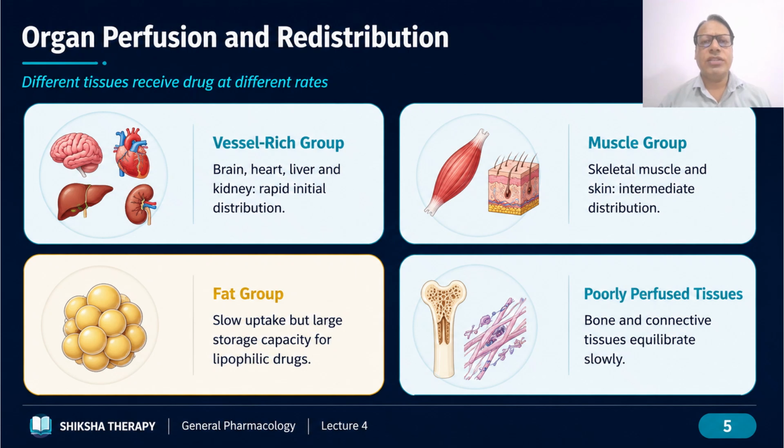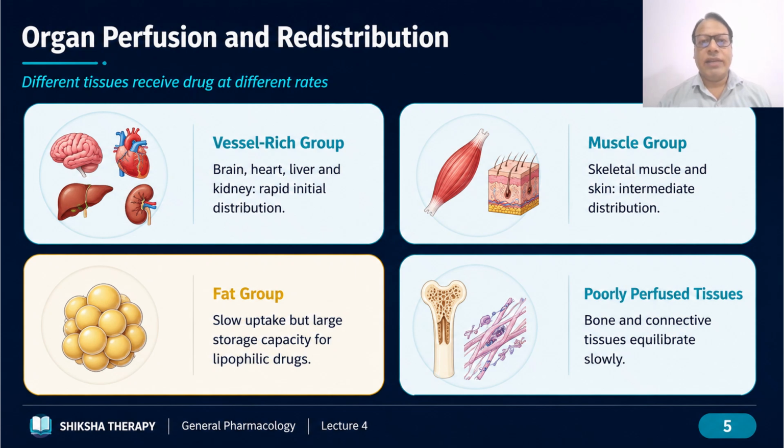Drug distribution is strongly influenced by organ perfusion. The vessel-rich group, including the brain, heart, liver, and kidney, receive drugs rapidly because of high blood flow. Muscles and skin show intermediate distribution. Adipose tissue has the lowest initial uptake, but it can store large amounts of lipophilic drugs.